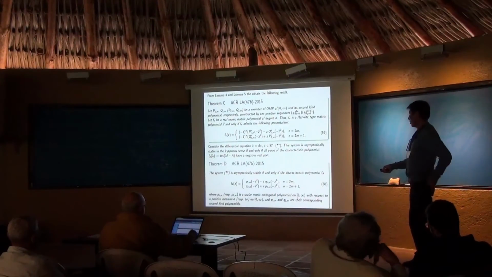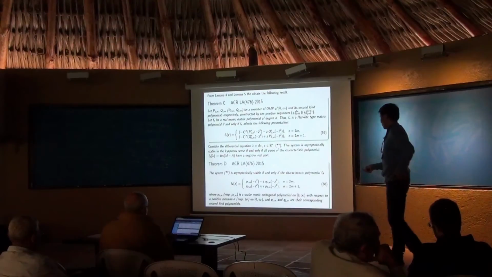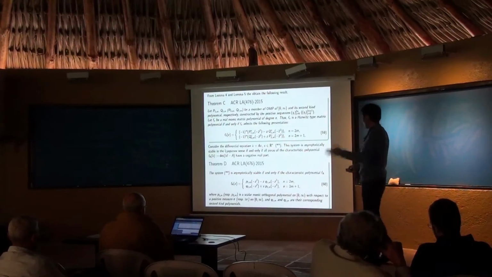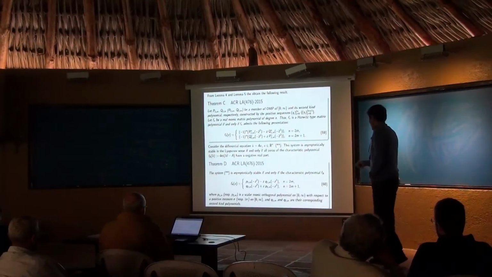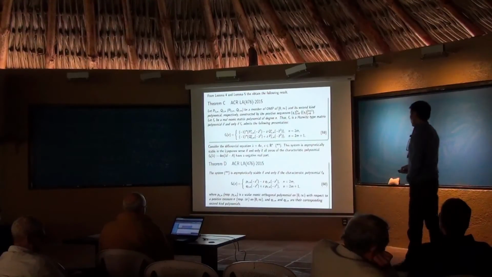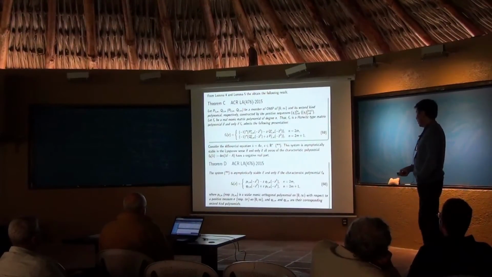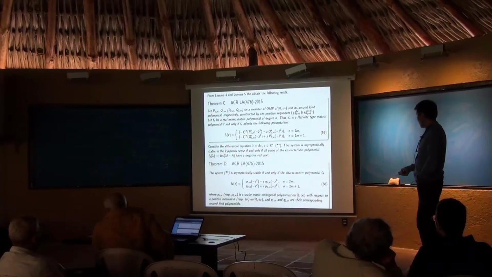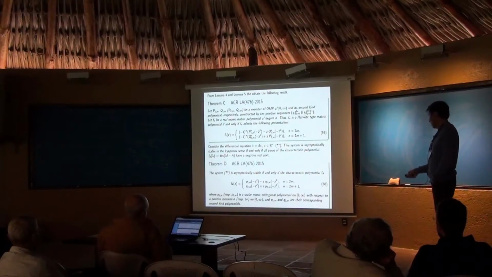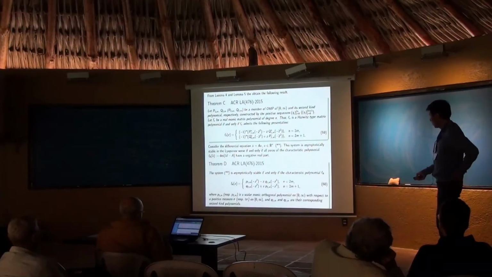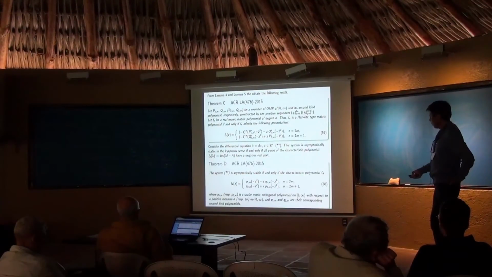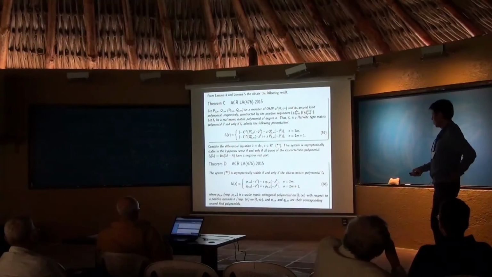If all the real parts of the zeros are in the left-hand side of the complex plane, then it will be an asymptotically stable system. Now we can apply our theorem: this ODE system is asymptotically stable if and only if the characteristic polynomial of this matrix has this form. So in this way we have a connection between the families of Hurwitz polynomials and the families of orthogonal polynomials.